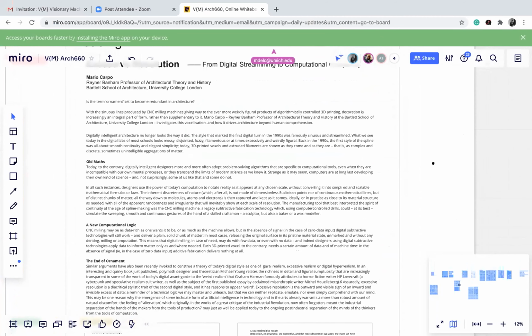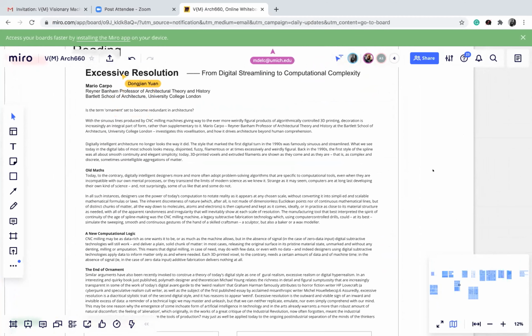Yeah, and my reading is written by Mario Carpo, and the title is Excessive Resolution: From Digital Streamline to Computational Complexity, which talks about a time of excessive resolution, where with computer algorithms, designers can capture and save the inherent discreteness of nature, which transcends the normal imagination and comprehension of humans.